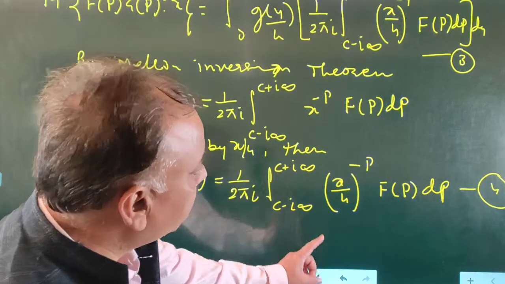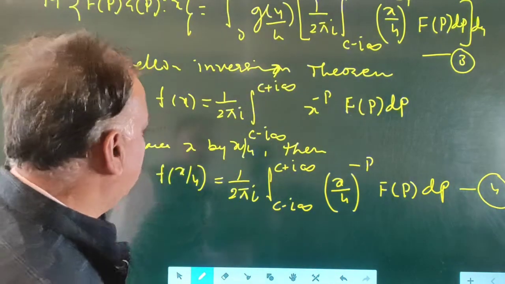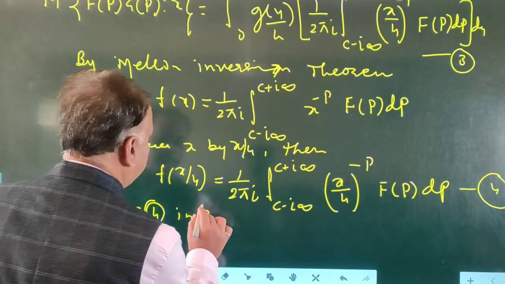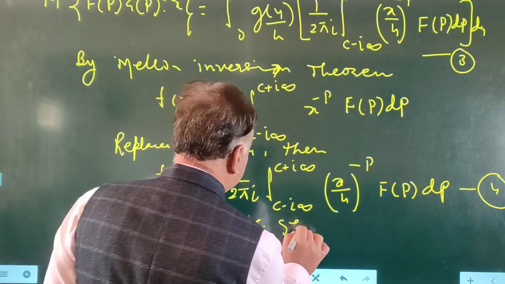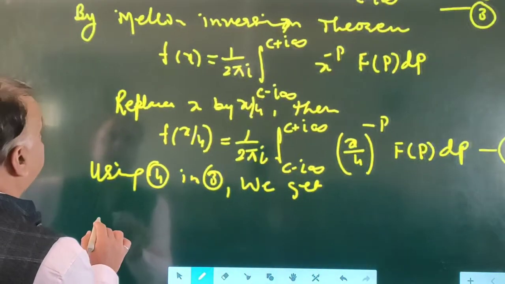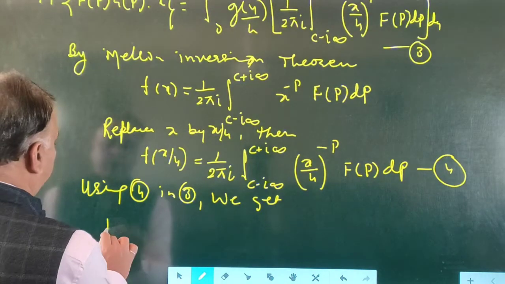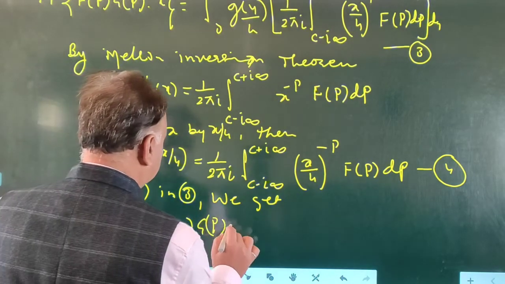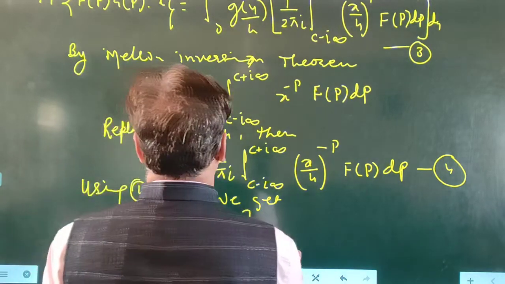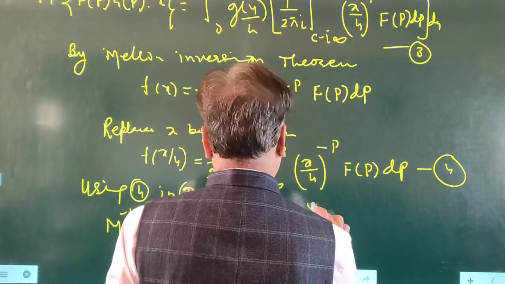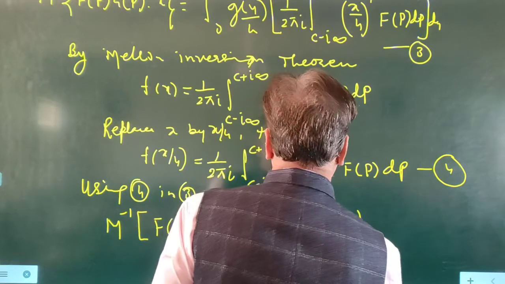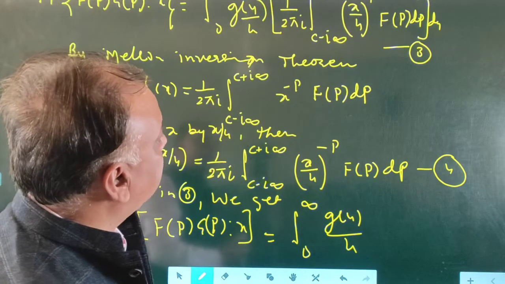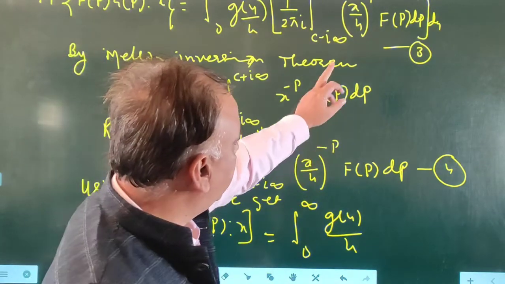Now if we use equation 4 in equation 3, we get the inverse Mellin transform of F(p) G(p) with respect to x equal to the integral from 0 to infinity of g(u)/u times 1 upon 2 pi i, the integral from c minus i infinity to c plus i infinity of (x/u) raised to minus p F(p) dp.